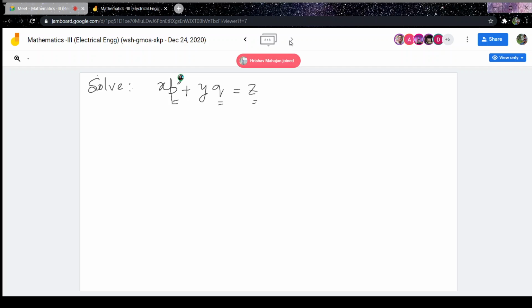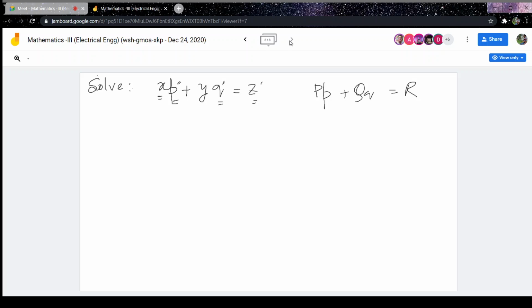All of p, q, z are of order one. The coefficients of p and q are functions only of x and y. It is a partial differential equation of first order, in this form.